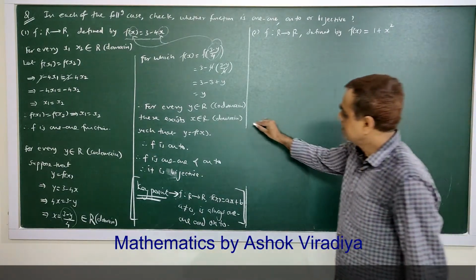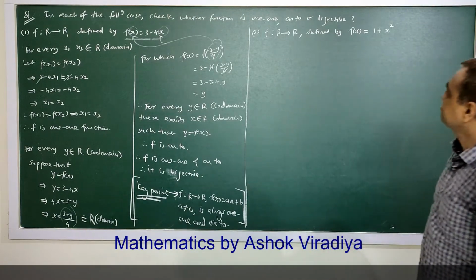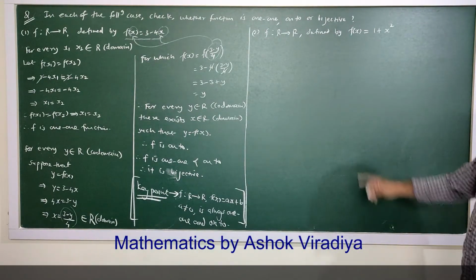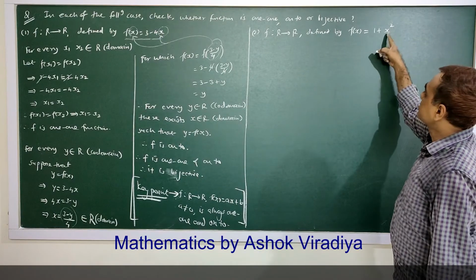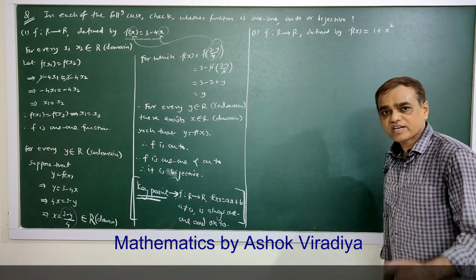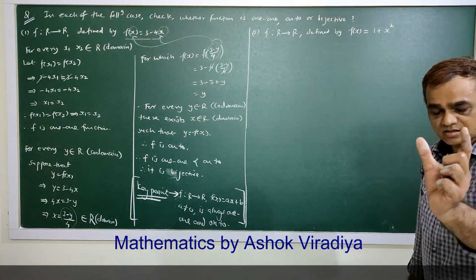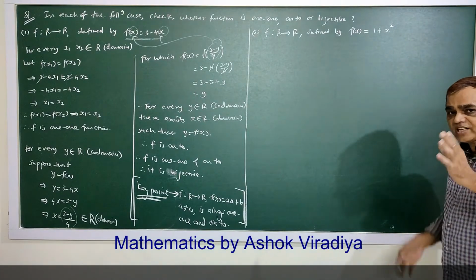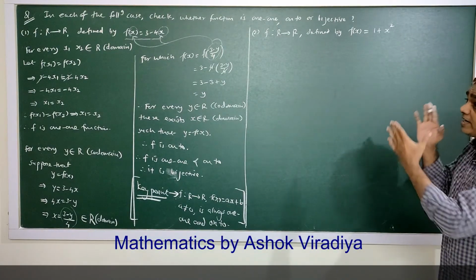We want to check 1-1ness and onto-ness. The formula includes x square. So whenever you get x square, you should immediately get the idea that it may not be 1-1.